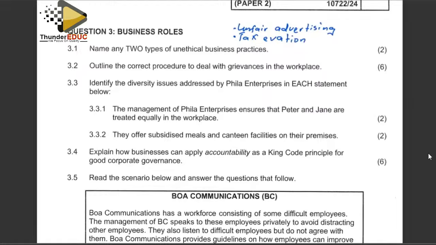So now let's move on to 3.2. It reads as follows: outline the correct procedure to deal with grievances in the workplace. To deal with grievances in the workplace, you shouldn't insult anyone. Know the proper procedures that should always be followed. Don't apply emotions on your grievance.